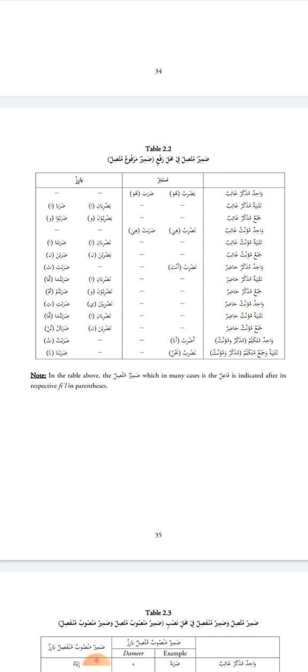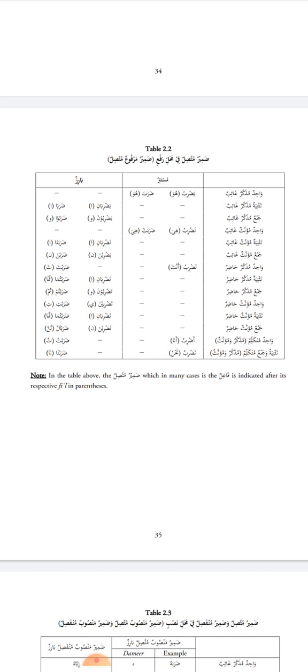And in the first siga of wahid mu'annath ghaib, fi'l mudari' and madi, for example in tadribu and darabat, the hiya dhamir is hidden inside, used for singular feminine third person. In siga wahid mudhakkar hadir, singular masculine second person, the dhamir anta is mustatir.